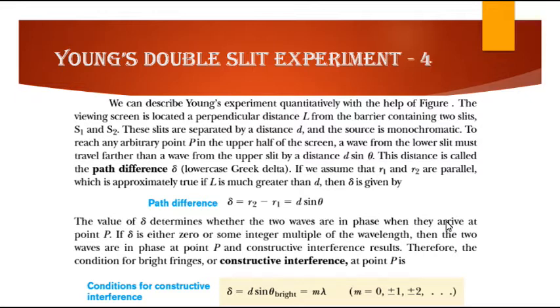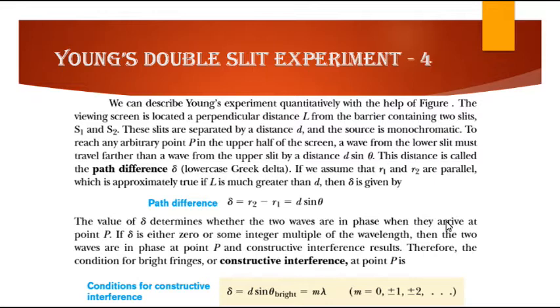So we can write that this is the path difference, and path difference delta is equal to R2 minus R1, which is equal to d sin theta. The value of delta determines whether the two waves are in phase when they arrive at point P. If delta is either 0 or some integral multiple of the wavelength, then the two waves are in phase at point P and constructive interference results.